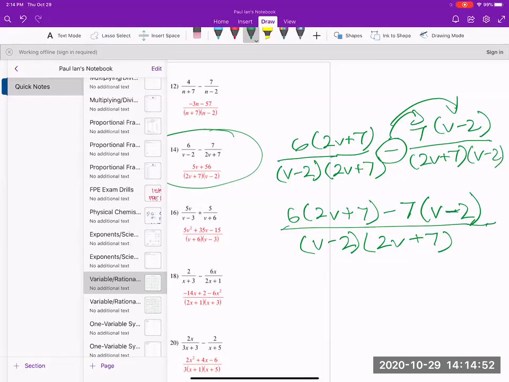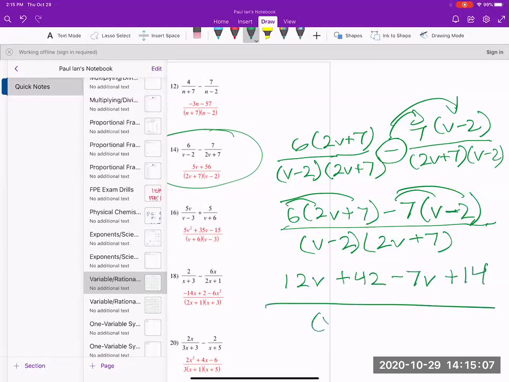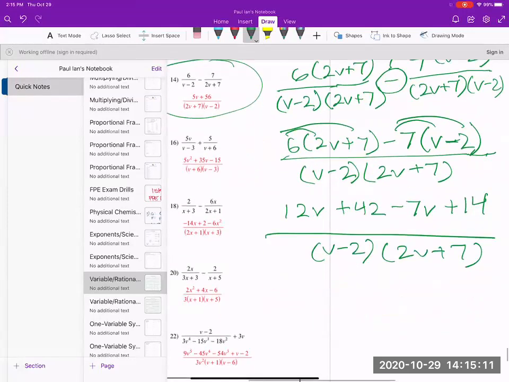Distribute the parentheses on the top, on the numerator. Okay, good. So this one would be 12v plus 42 minus 7v plus 14. And then v minus 2, 2v plus 7. And then what do you do?